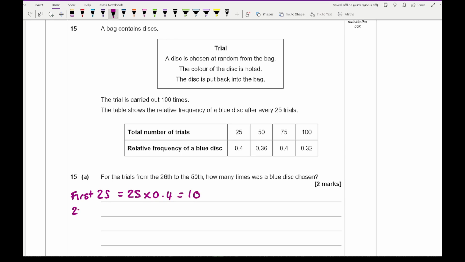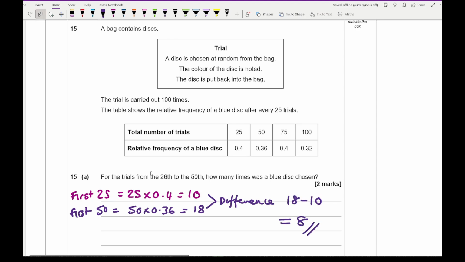And then the first 50 is going to be 50 times 0.36, which gives me an answer of 18. And so the 26th to the 50th is going to be the difference. So that's going to be 18 minus 10, which gives me an answer of 8.